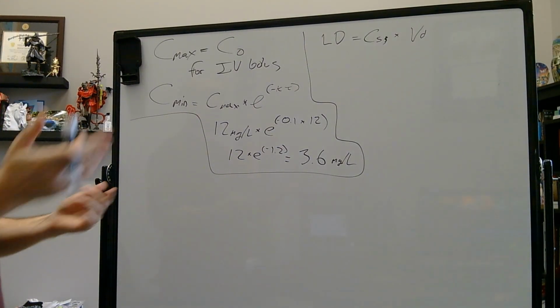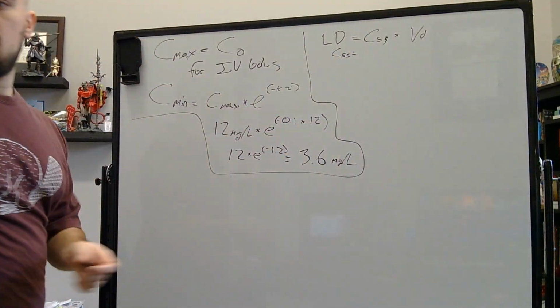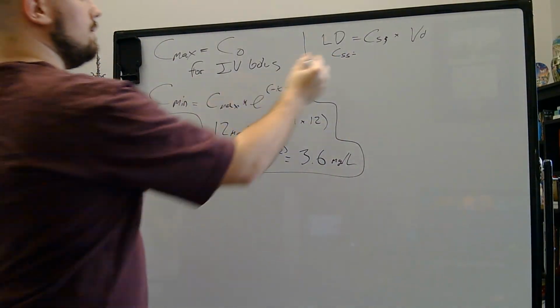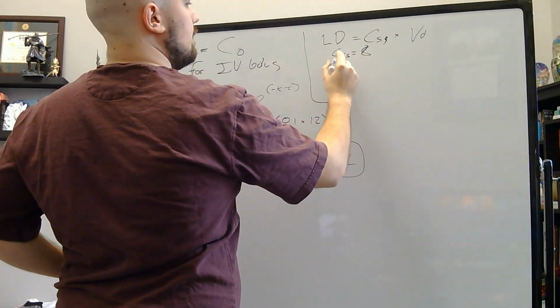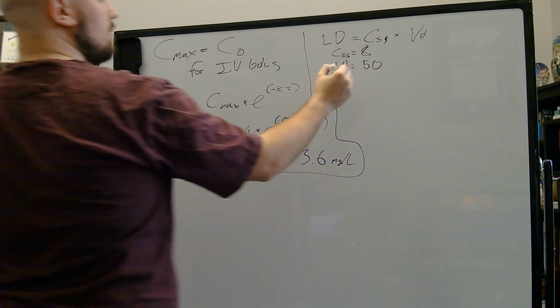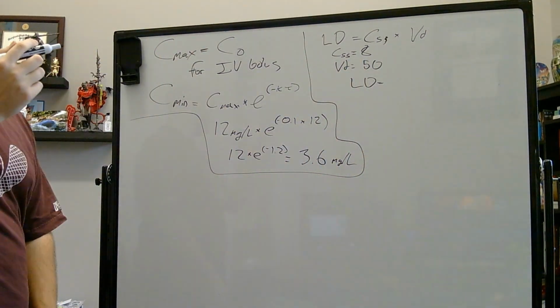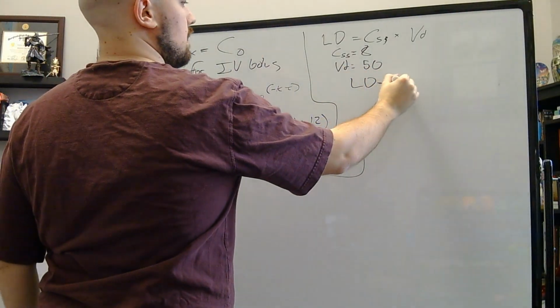So again, just a plug and play thing. Let's say the concentration at steady state is 8, and the volume of distribution is 50. Multiply them together, and you have a loading dose of 400 milligrams.